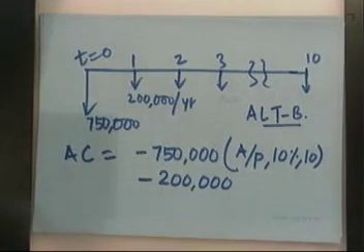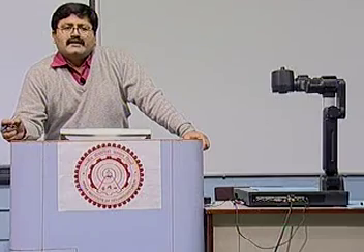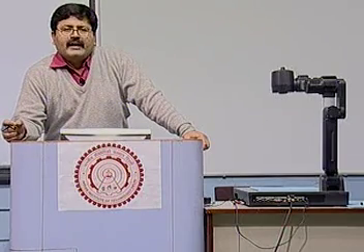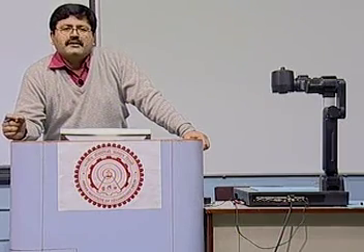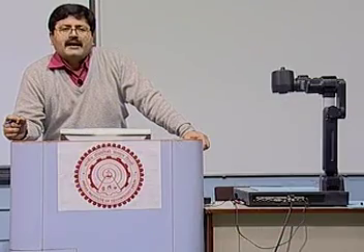So, what you have to do in the annualized cost method is, step 1 remains the same. You find the cash flow diagram and then convert all the cash flows at different points of time to their annualized value.